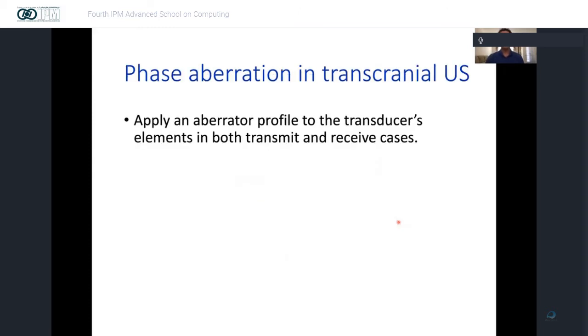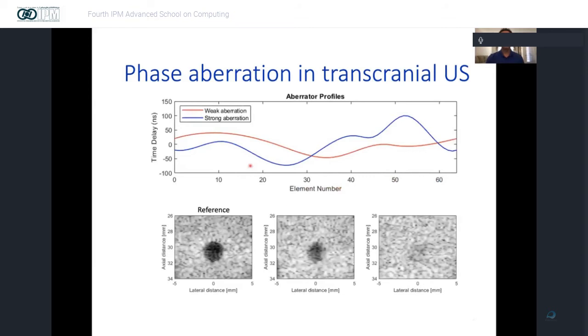We performed this simulation study where we apply aberrators to the transducer elements. Here, these are our weak aberration and strong aberration profiles that we apply. These are the time delays. We see that when we have a weak aberration, we have some degradation of the quality of this target.